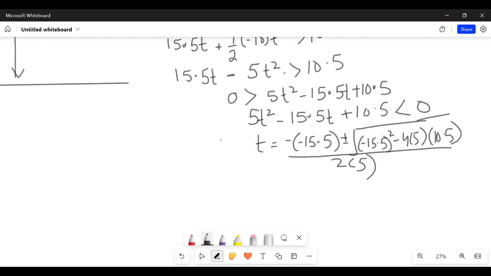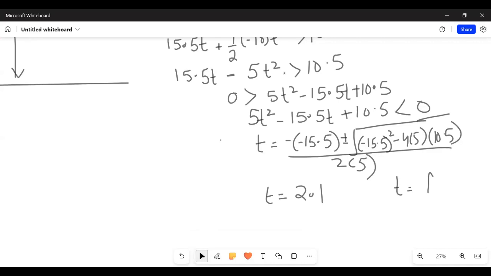So let's find the critical values first, ignoring the inequality sign. Apply the quadratic formula. That gives 2.1 and 1.